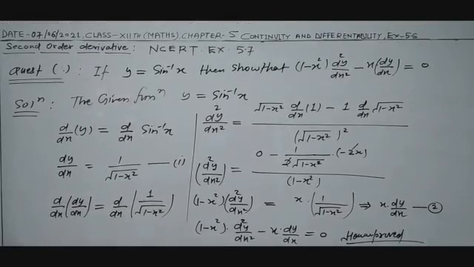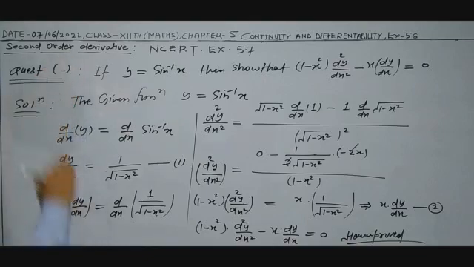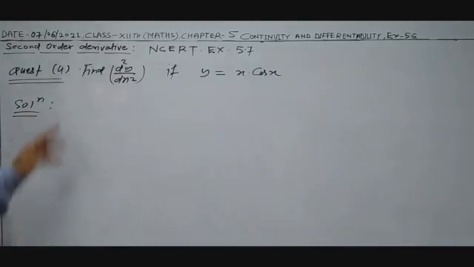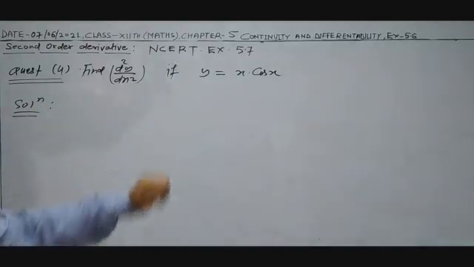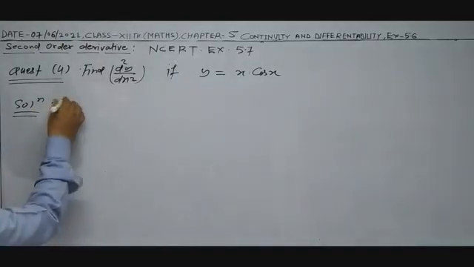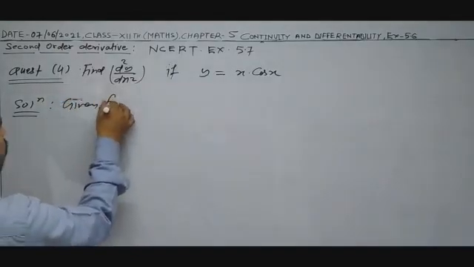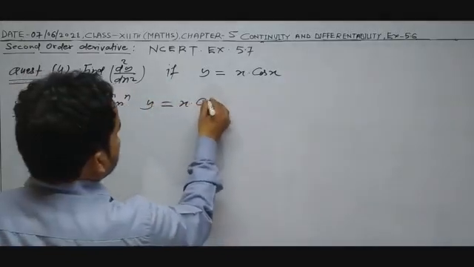Now see question number 4. Question number 4 is find d2y by dx2 if y is equal to x cos x. So the given function is y is equal to x times cos x.